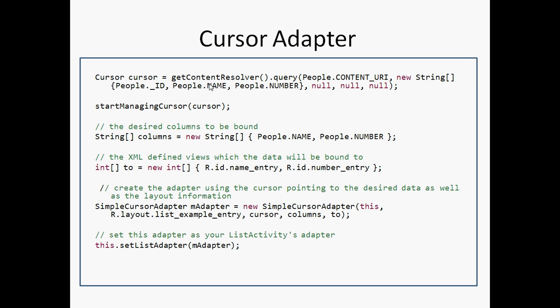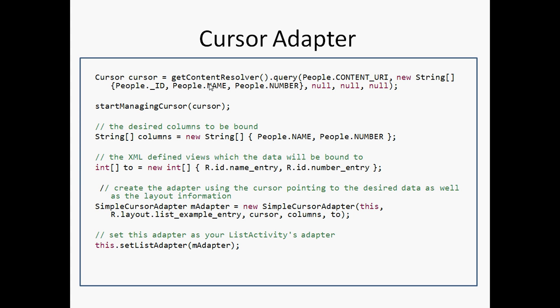While defining the cursor adapter object, the first parameter is the current context. The second parameter is the ID of the design XML file of each item shown in the list, just like list underscore item; here, instead of list underscore item, we have list underscore example underscore entry.